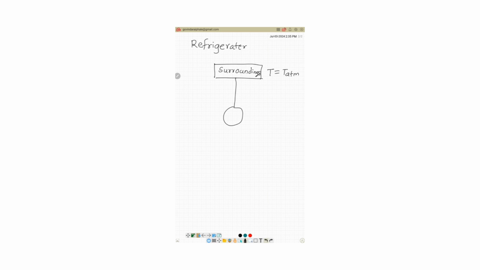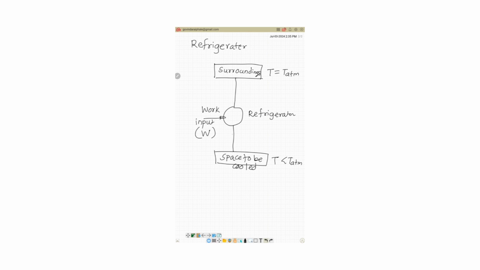In between this we have a refrigerator as a device where we are going to supply work as input, W, and on the other side we have a space to be cooled, whose temperature will be less than the atmospheric temperature.